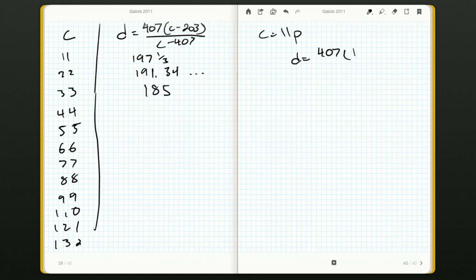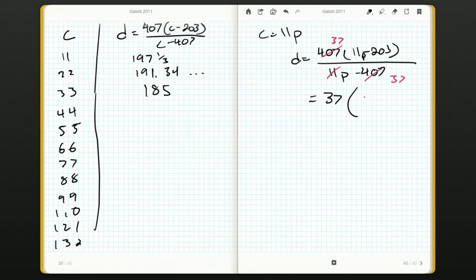So D is 407 times 11p minus 203, all over 11p minus 407. And 11 will come out of here and here. So it should be p minus 37. That's what we want to have.